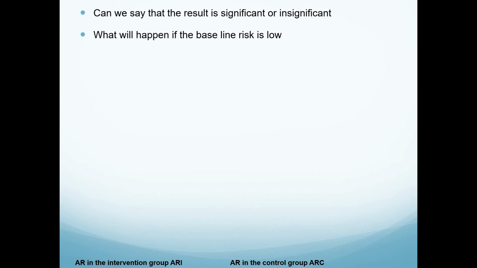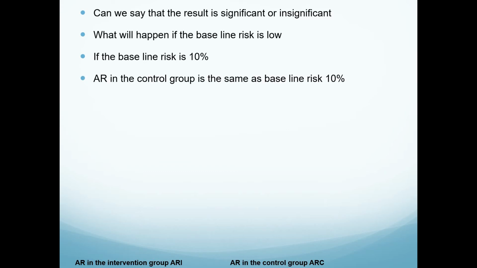What happens if the baseline risk is low? If the baseline risk of abortion in the control group is 10%, that means the absolute risk in the control group is the same as the baseline risk, which is 10%. So the absolute risk reduction will be 10 minus 6, which is 4%.